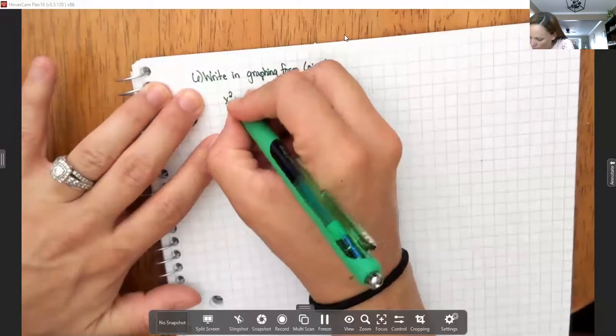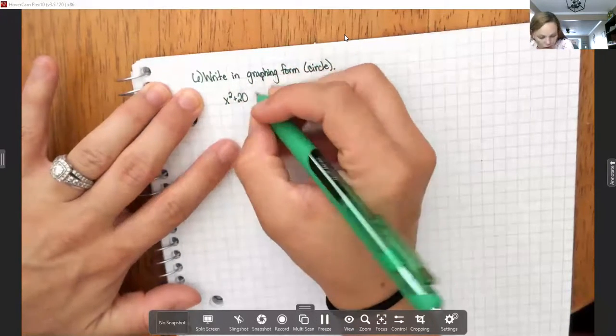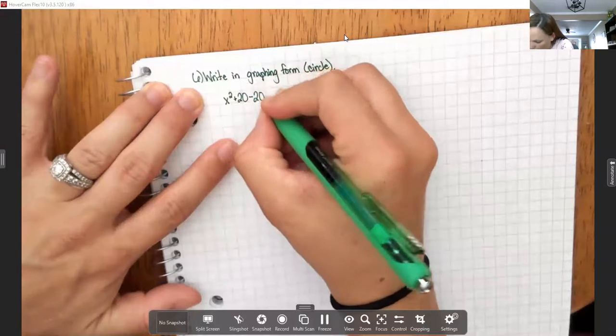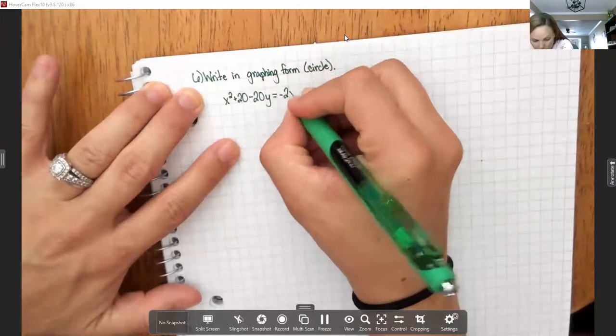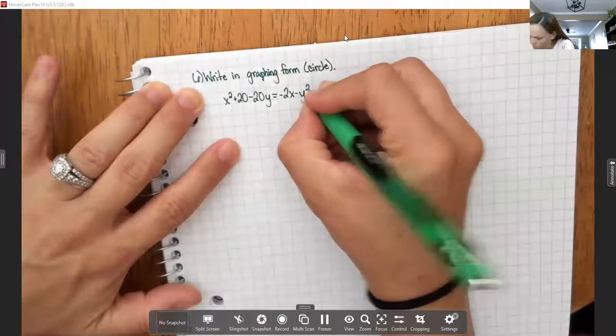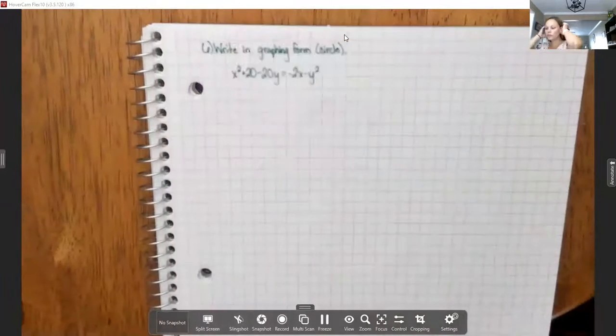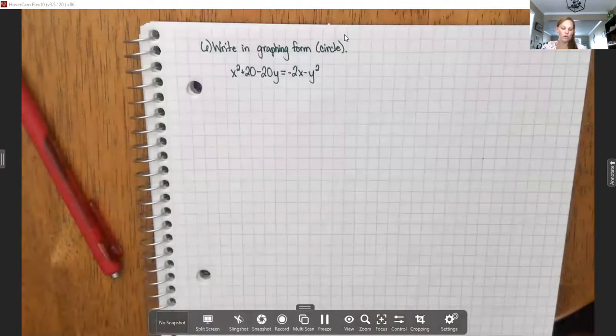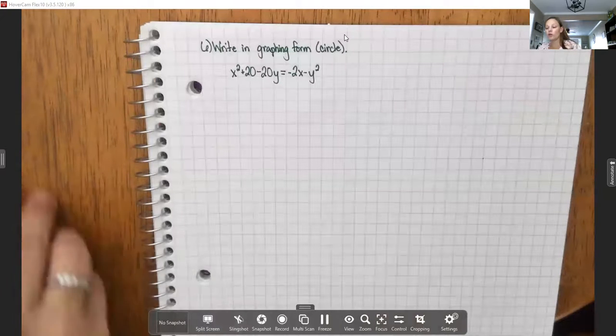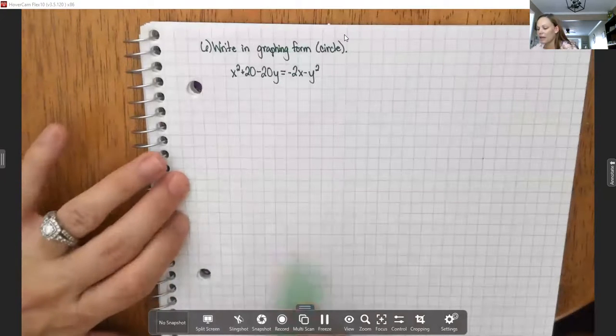X squared plus 20 minus 20y equals negative 2x minus y squared. So for a circle, it's kind of the same idea.